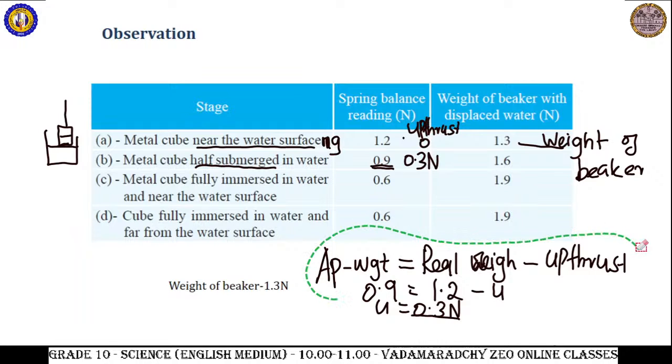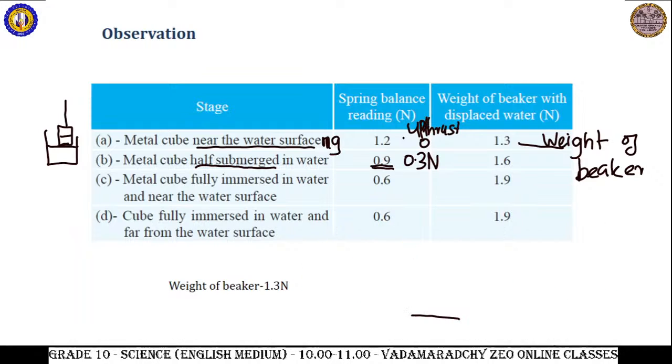Likewise, when the metal cube is fully immersed in water, the apparent weight becomes 0.6. So the upthrust is the real weight minus the apparent weight, 1.2 minus 0.6, so the upthrust becomes 0.6 Newton.